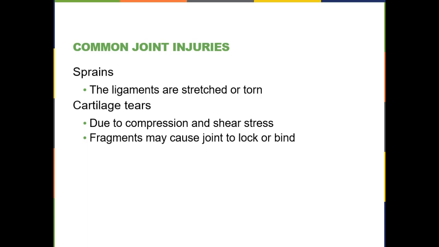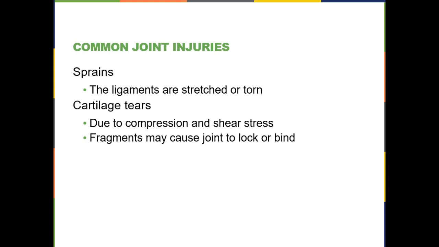Common joint injuries. A sprain is technically a ligament stretch. If it's a really bad strain, it can be torn. Generally, these are difficult to recover from, because ligaments are not meant to be stretched. They're not elastic, so when you do stretch them, they generally don't return to their original length.